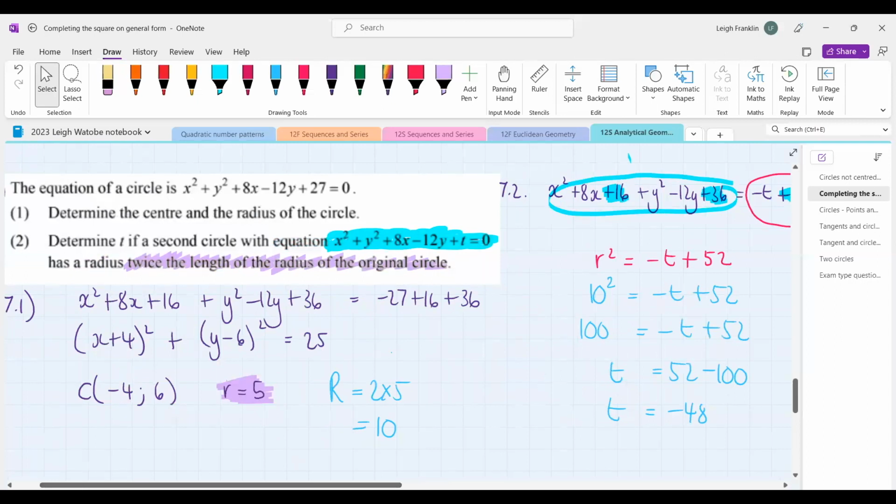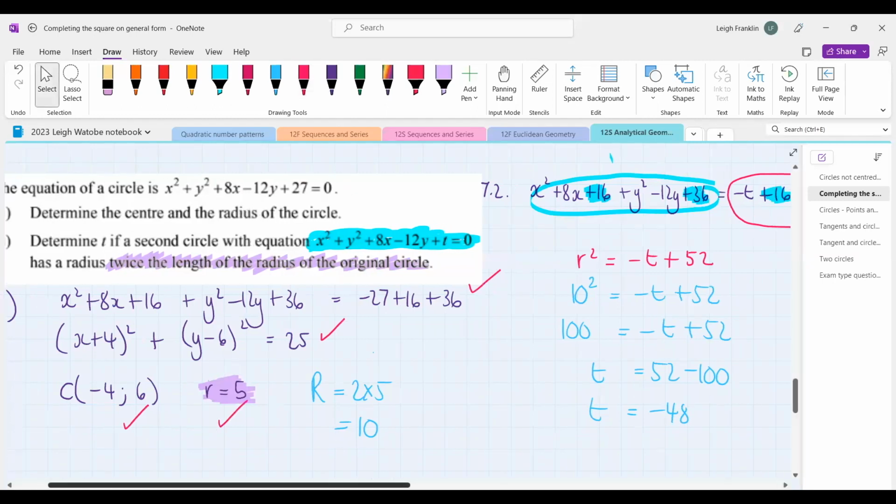How much would this be worth? The first part of the question would be a mark for completing the square, a mark for getting it in center radius form, a mark for the coordinates of the center, and a mark for the length of the radius.